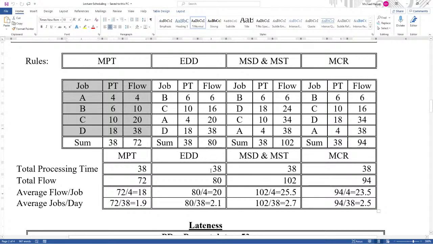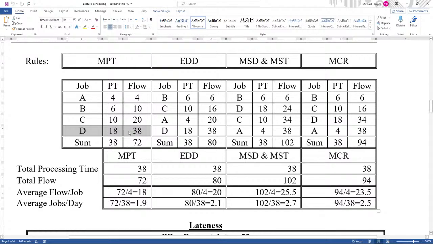At this point, we have two characteristics. One, the queue time of the first job of any schedule is 0. Two, the queue time of a job within the schedule is the flow of the preceding job. And the flow of the last job in the schedule is the total processing time, or the time of completion, of this project.